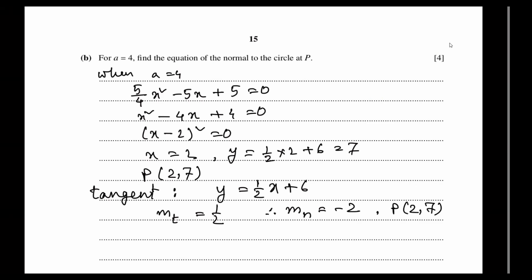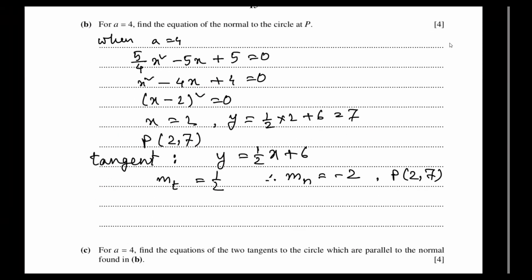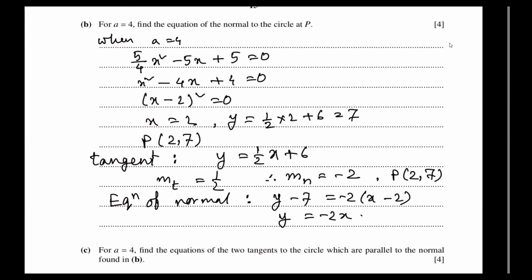So the equation of the normal will be y minus 7 equals minus 2 times (x minus 2). So y equals minus 2x plus 4 plus 7, that is plus 11. That's the equation of the normal at the point P to the circle.